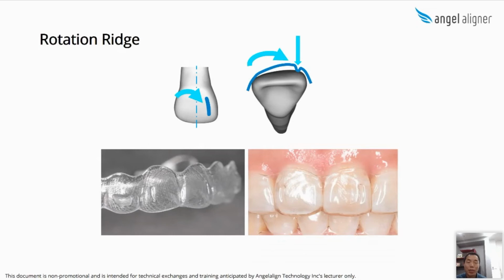It needs mesial rotation. So here we can design a rotation ridge. This is a rotation ridge on the aligner. This is the aligner insertion. It's on the teeth.